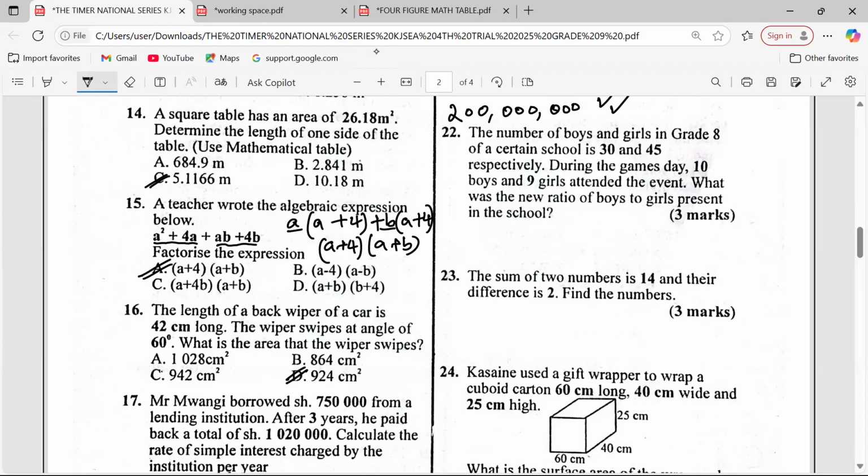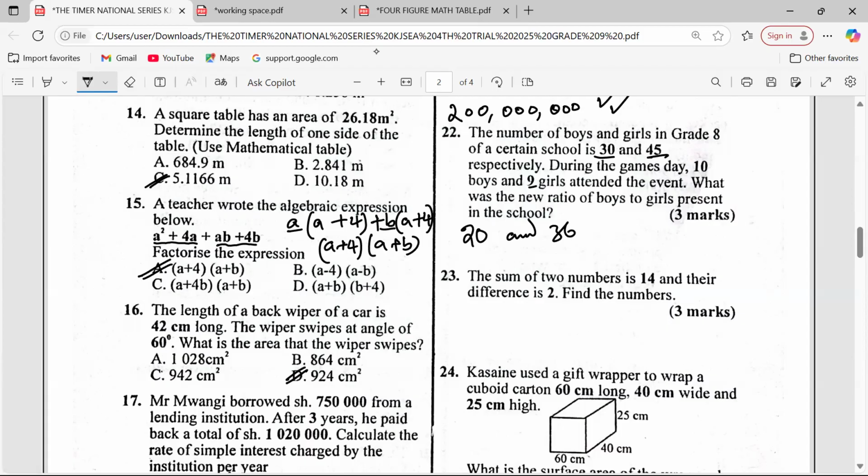So the new number: boys are 30. So 10 boys went. It means boys remain 20. What about girls? They were 45 and 9 went. When we are 45 and 9 people are absent for games, this is 36.